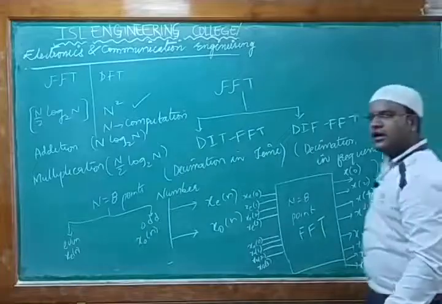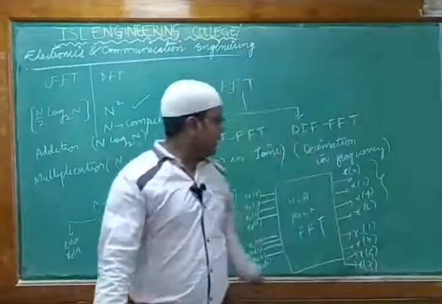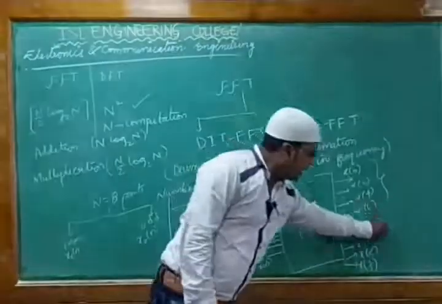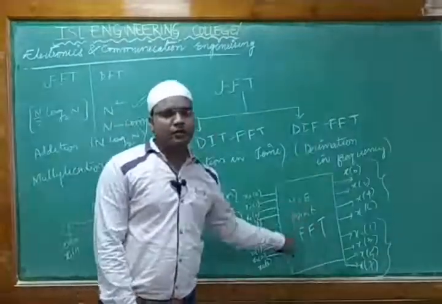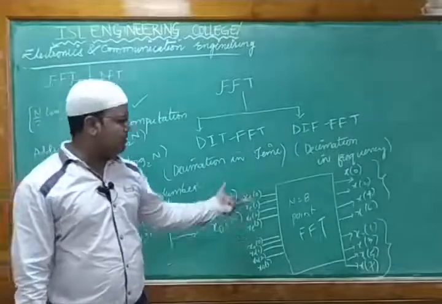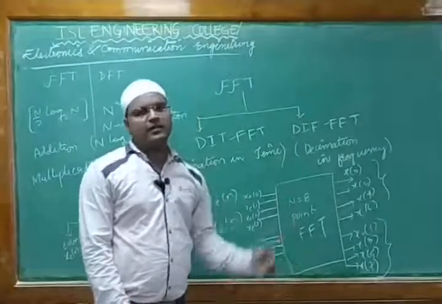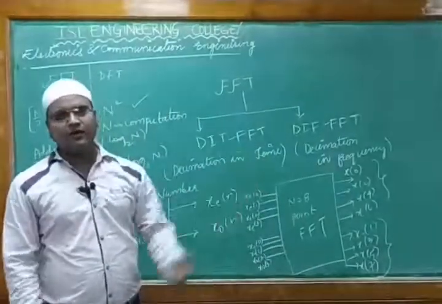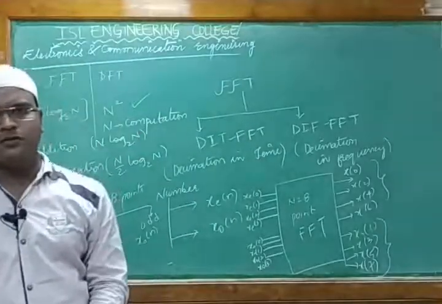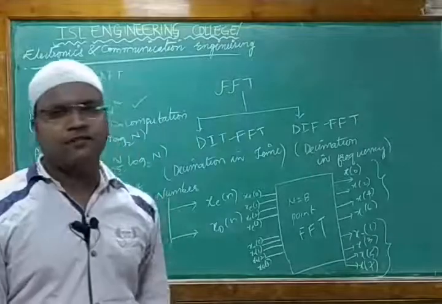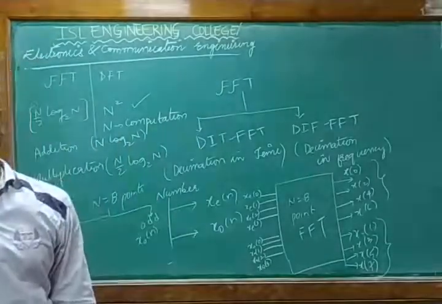As you can see, we are converting the even components and odd components separately, and then we find the n equals 8 point FFT. This is just one step of it. How do we write the normal order sequence and the bit reverse order sequence? That we will see after drawing its complete diagram.